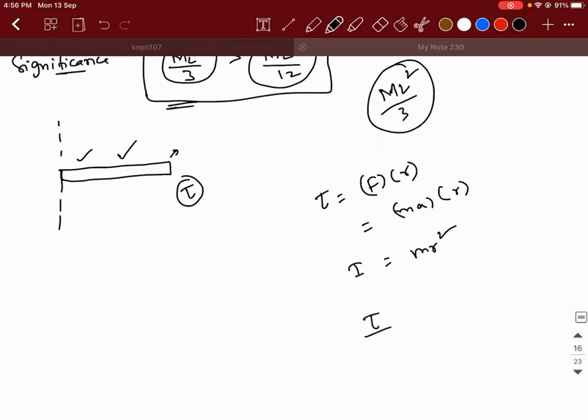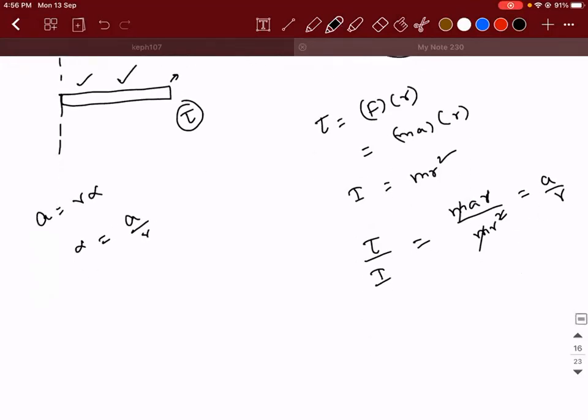I'm doing this derivation on a higher level. So torque divided by moment of inertia will be M into A into R divided by M R square. M and M will get cancelled. R and R will get cancelled. A divided by R. Can you guys tell me what is A by R equal to? You remember this formula, A is equal to R alpha. So alpha will be equal to A divided by R. So torque will be equal to I into alpha.